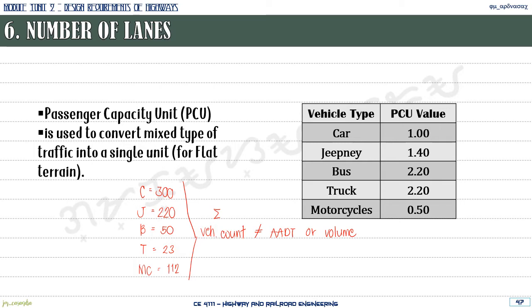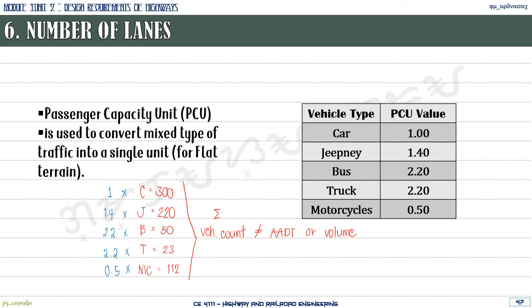So what we will do here is to first multiply each vehicle count with their corresponding PCU value or PCU factors. So for cars, that's 1. We have 1.4 for jeepneys, 2.2 for buses and trucks, and we have 0.5 for motorcycles.